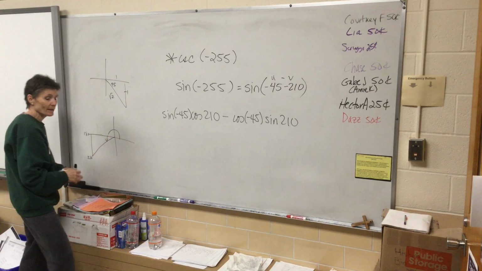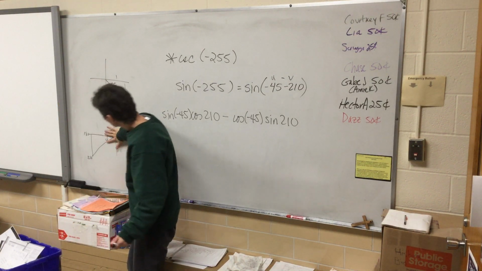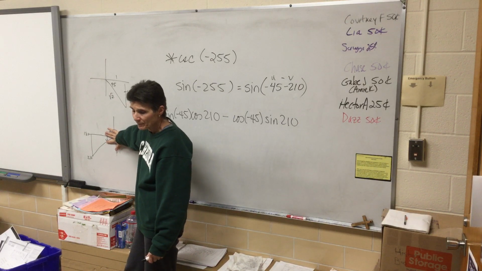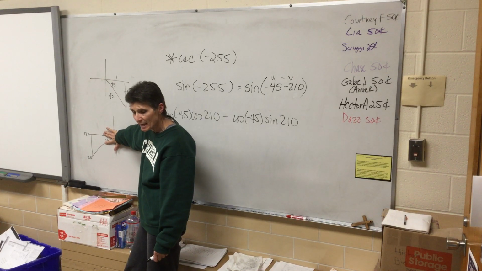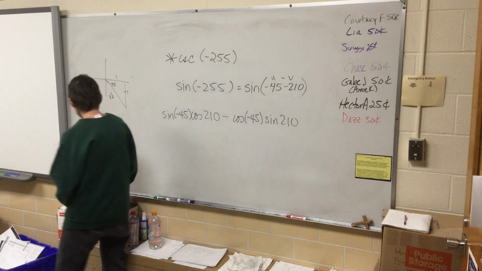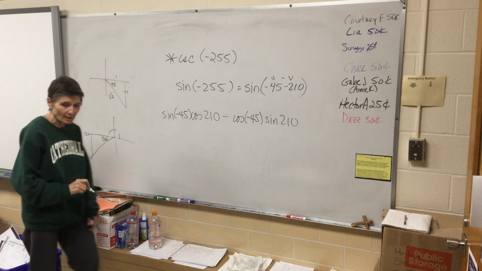60. Oh my gosh. Okay, guys. I'm going to put my fingers on the two lines that make those angles. This is 180, this is 210. What is the angle between 180 and 210? 30 degrees. Yeah, that's 30. If you miss your reference angle, you're going to miss your problem.